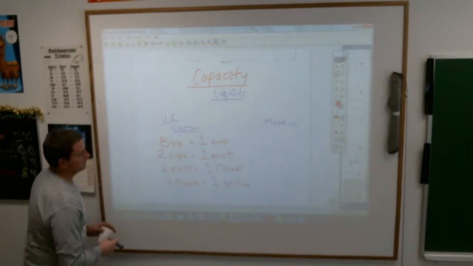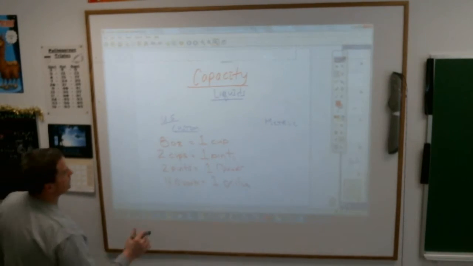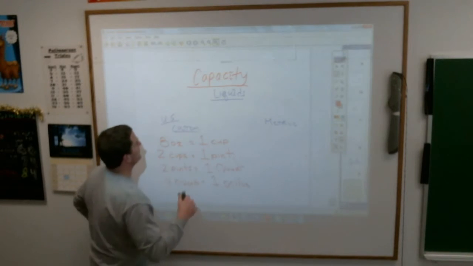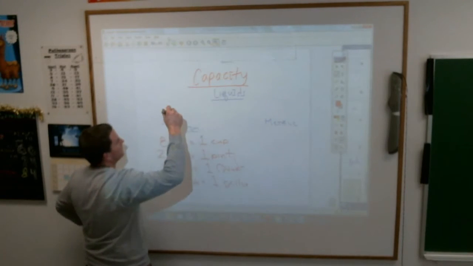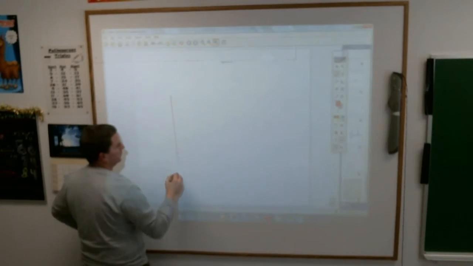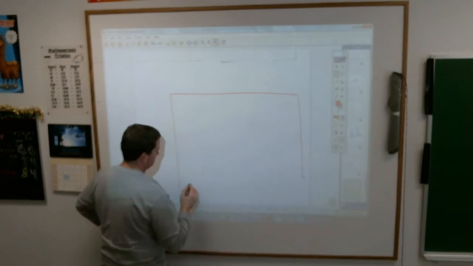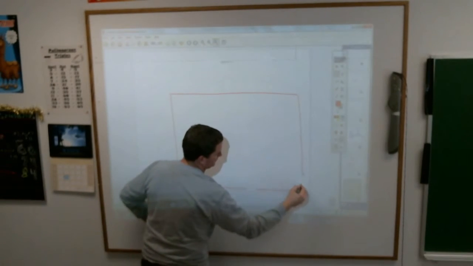Maybe we'll do this, just for fun. Got a lot of room on that piece of paper still? Here's a good way kind of to remember it. Let's start with about as big of a rectangle as you can on the paper there.